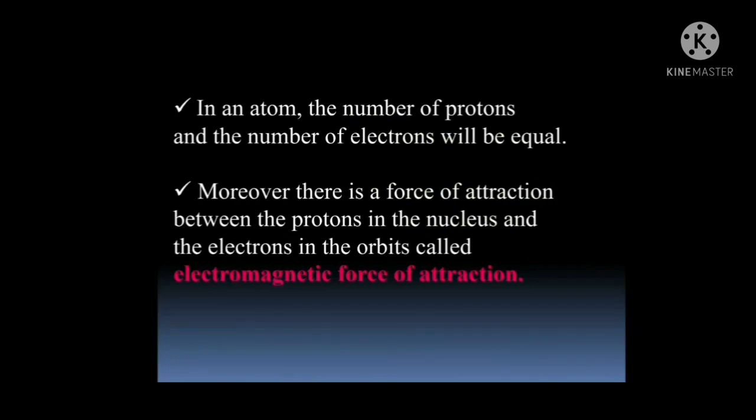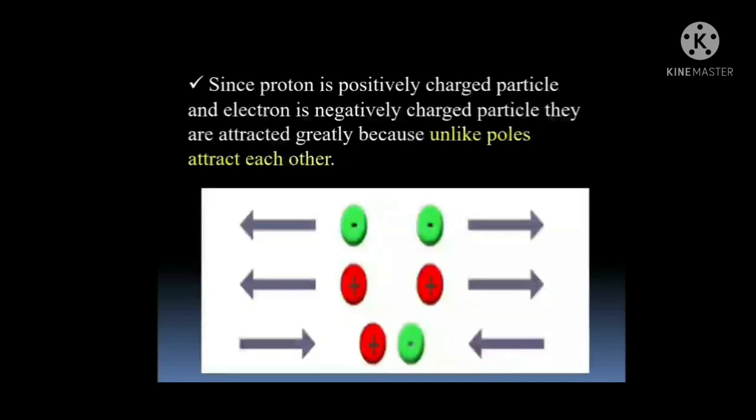If it is like poles, they will repel each other. Here you can see that the two positive charges or two negative charges, when they come close, repel each other because like poles repel each other and unlike poles attract each other.